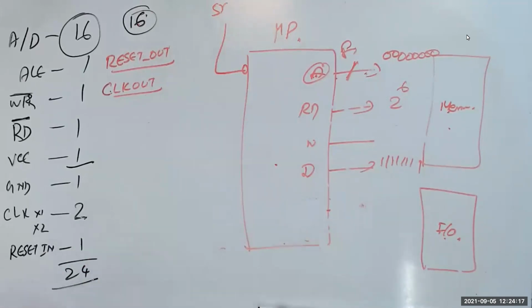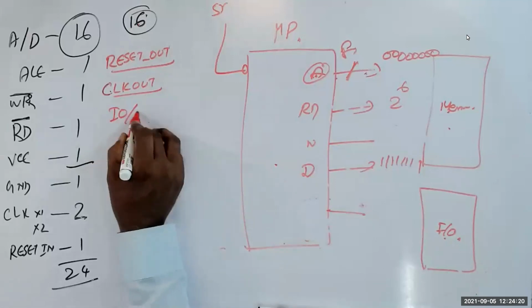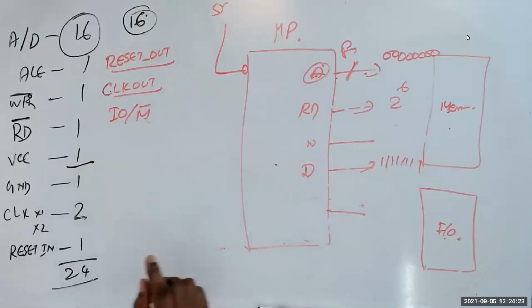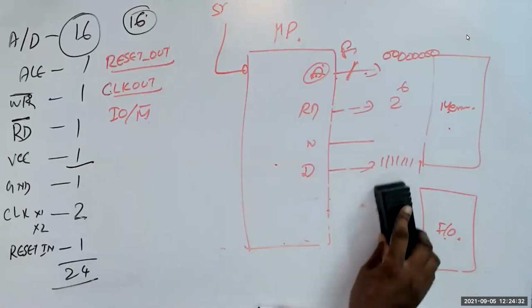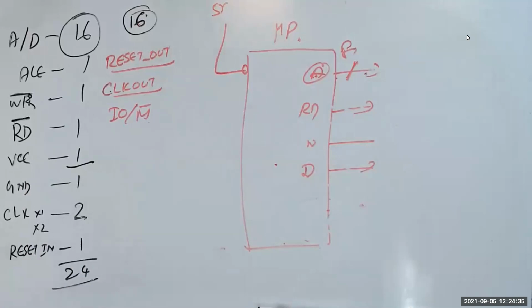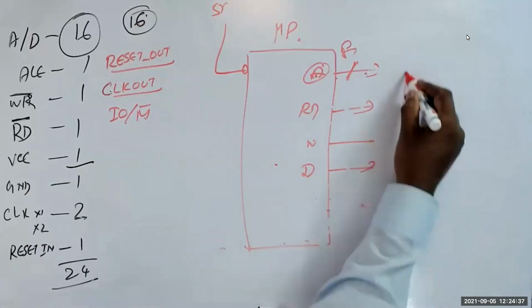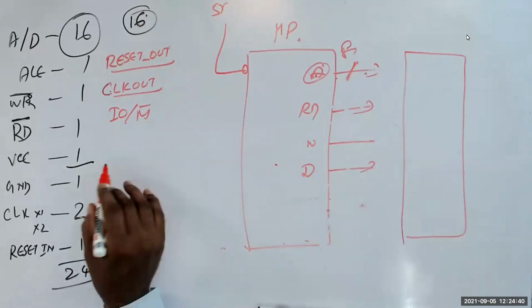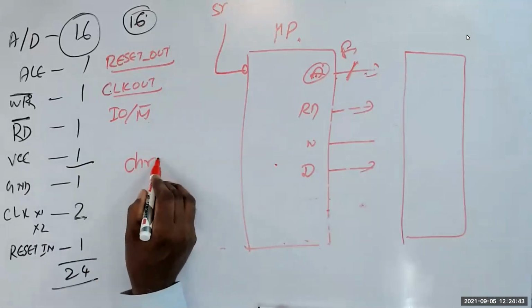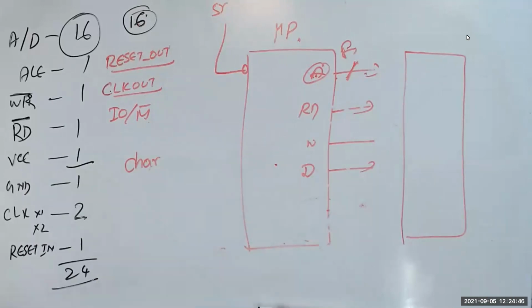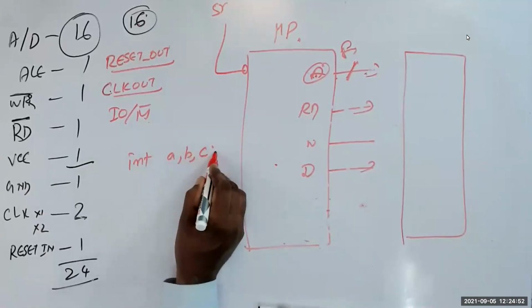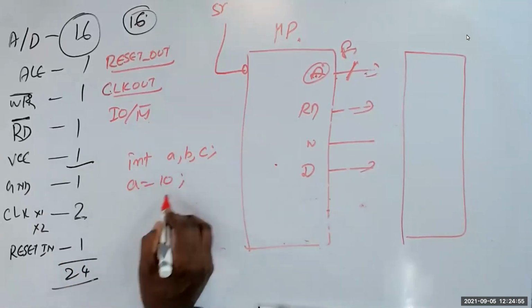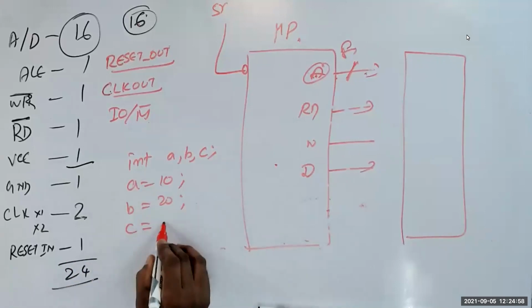So there is one more signal, IO/memory, which is there in your 8085. And there is another trick in all microprocessors. Let us say I write a C program: int a, b, c; a is equal to 10; b is equal to 20; c is equal to a plus b.